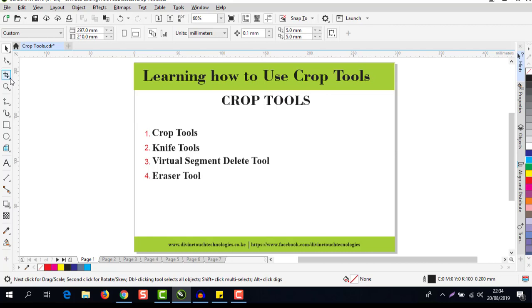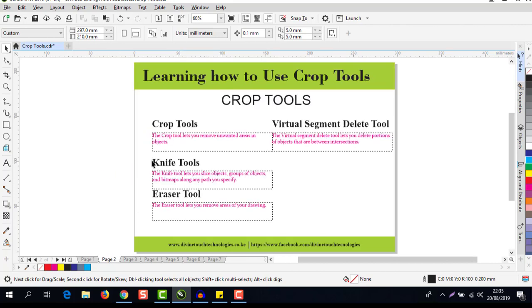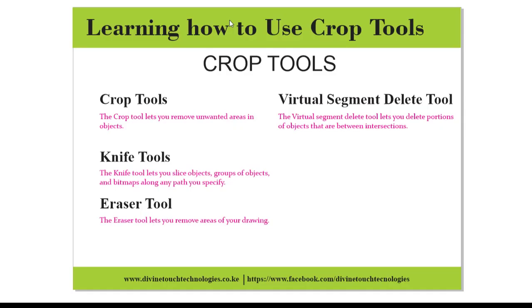If we click on it, we get access to the four tools that we are talking about today. That is the crop tool, we have the knife tool, we have also the virtual segment delete tool, then the eraser tool. Today let's go through the four tools.